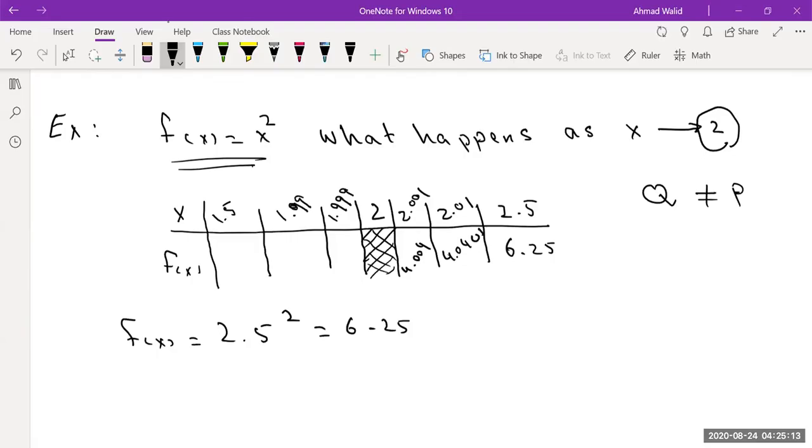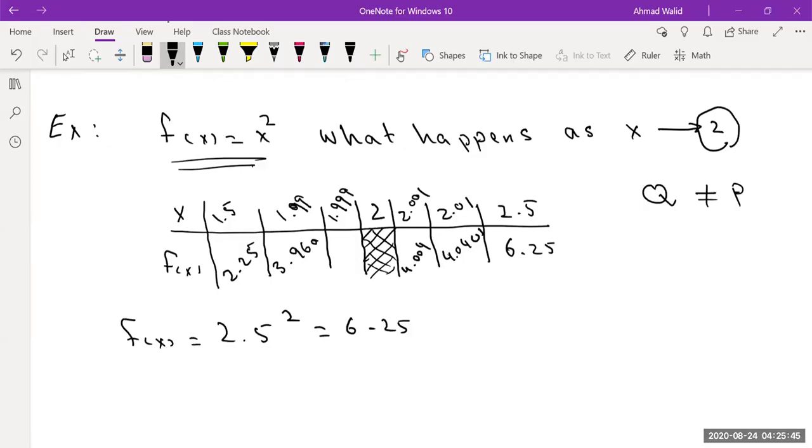Also from the left side, if you plug in 1.5 in your function, it gives you 2.25. If you plug in 1.99, let's see how much it is. I didn't plug it in before. 1.99, and I square 1.99. It gives me 3.9601, right?